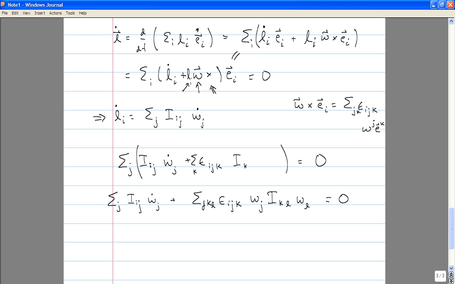So we're working out Li omega cross Ei, which is equal to the sum over j and k, Li epsilon ijk omega j ek. And then we're using the fact that Li itself is the sum over l of Ijl omega l. And putting that all together gives me this expression here.